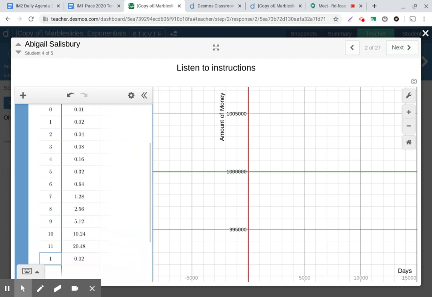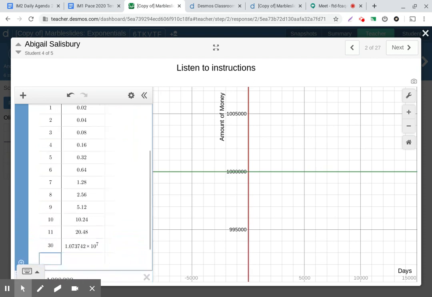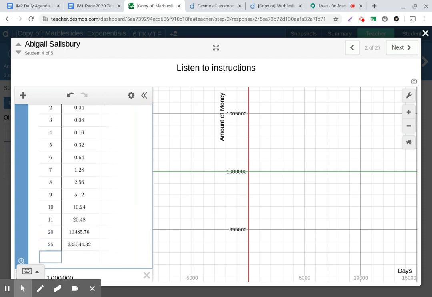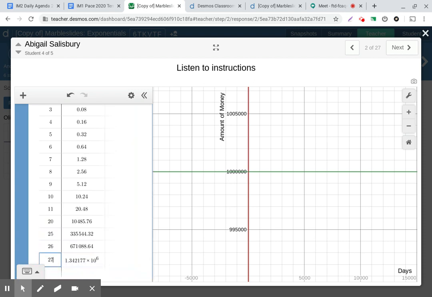Is that 20-something? 26, 25. Yeah, 26 is more than... It's 27. There we go. So at 26 it's 671,000, and then at 27 it's 1.3 million, right?